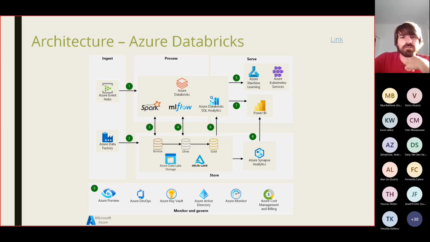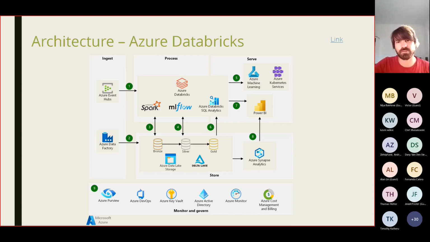Yeah, here are just some general architectures taken from Microsoft directly that show you how this can look and how those different components interact with each other. In this case, it's mainly focused around Azure Databricks as a processing engine. You do have the data lake store underneath that has these bronze, silver, gold layers.